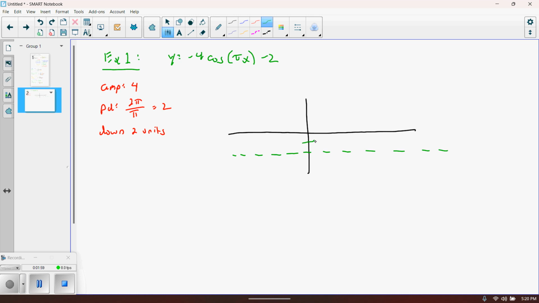We know that the amplitude is 4, which means from the midline, it's got to go 4 units in either direction. So that means I'm going to have to go up from the midline, which is at -2, up to -1, 0, 1, 2. Your maximum is actually going to be up here. And the minimum, 1, 2, 3, 4 more units, which is kind of way down there off the graph, is going to be down here.